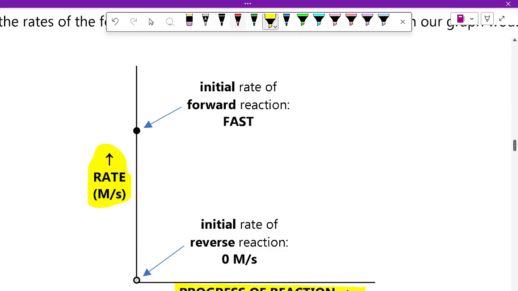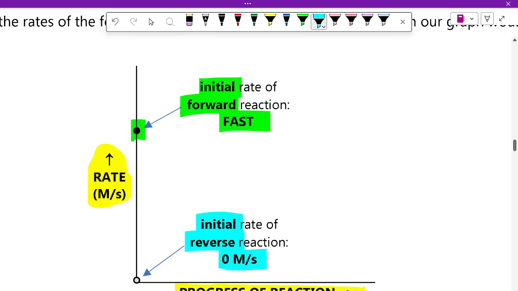The initial forward rate is fast because we've got lots of reactant particles colliding. Yes? The initial reverse rate is 0, because we have no particles. And yes, that is exactly what happens. We'll get to that tomorrow, though, because the bell is going to ring in 30 seconds. Okay?